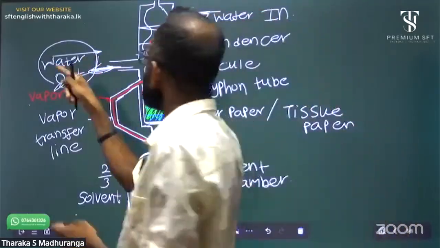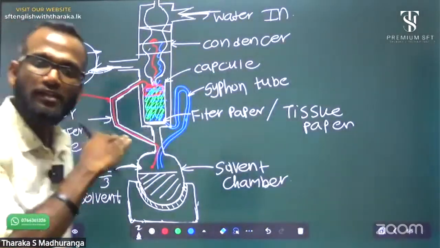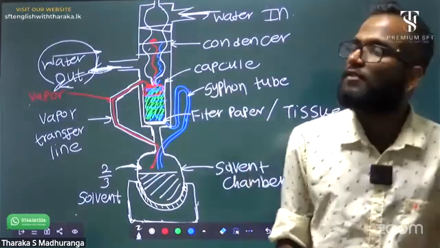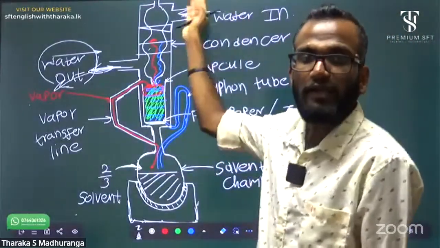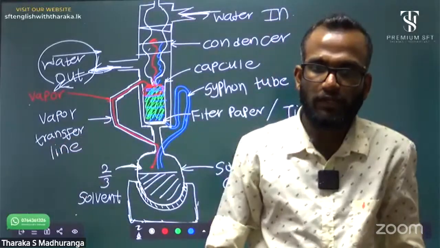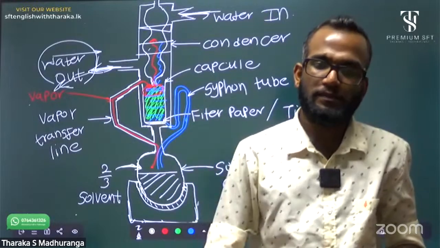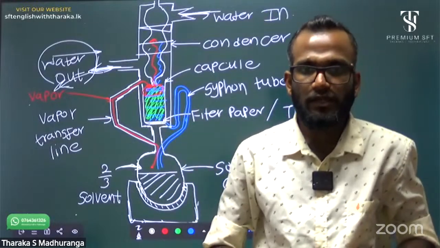If we provide water this way, what happens? It is completely filled all the time. Always it is completely filled with water. But if we provide water upward, the water goes out from the bottom due to gravity, and then the condenser is always empty. Understood?